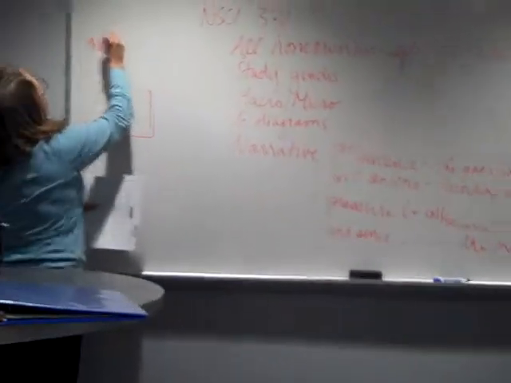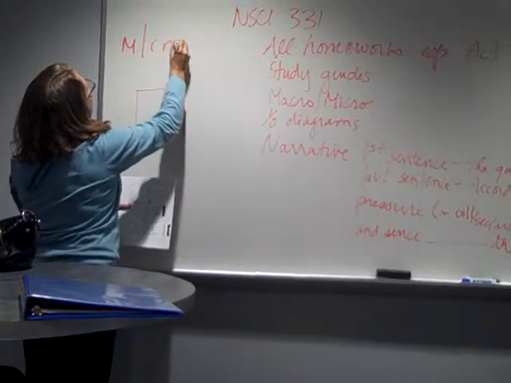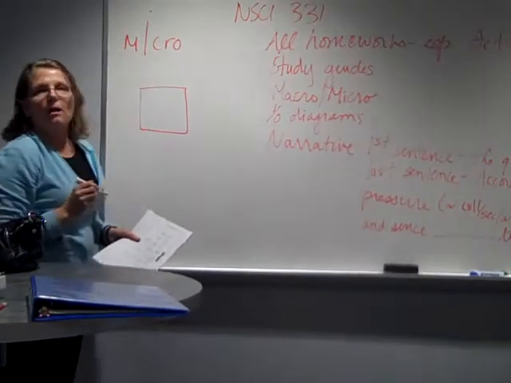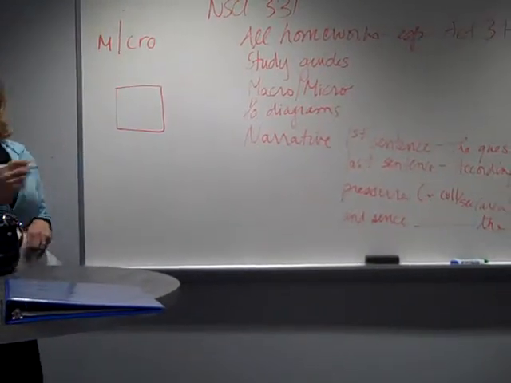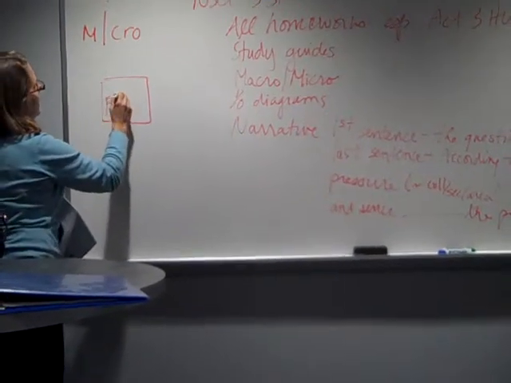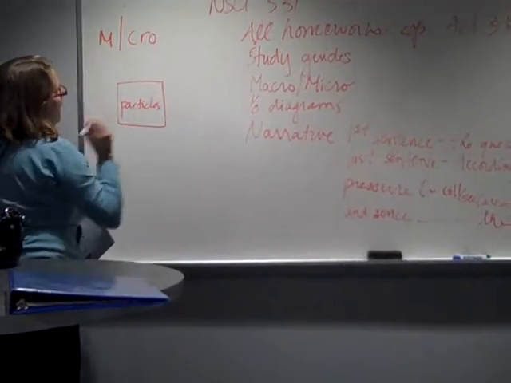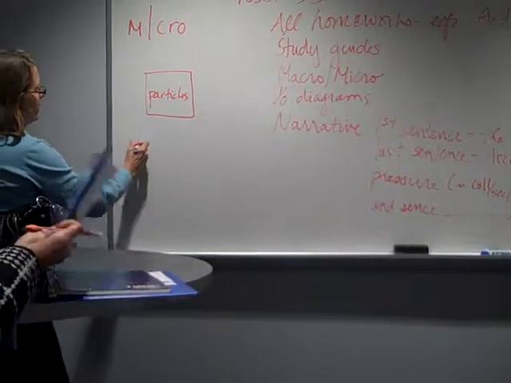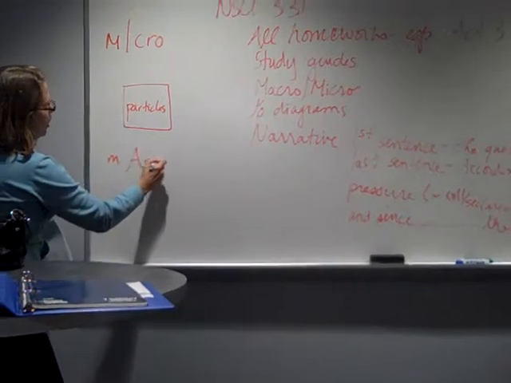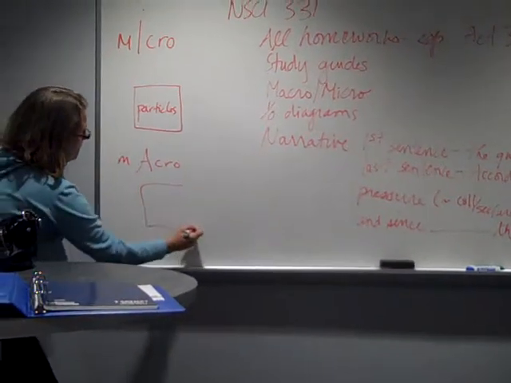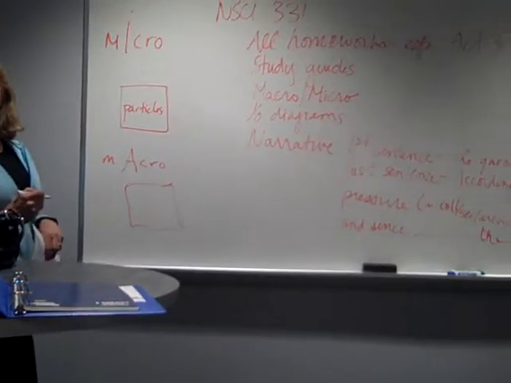Sorry. What's going to be in the square for a micro? The particles. Good. Okay. And what's going to be in the square for a macro? Isn't that going to be the result?